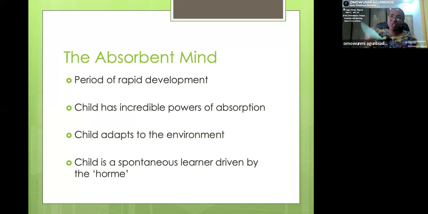I've not found them in bookshops here, but thank God we have Temu, where you can order from Nigeria and get them delivered. So with index cards like this, just write out all the new words and terminologies that you're encountering. Write them out and read through them. It will help you remember all these terminologies.